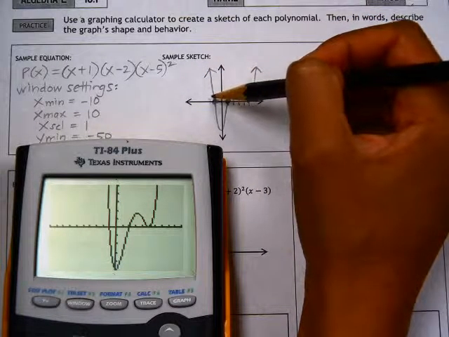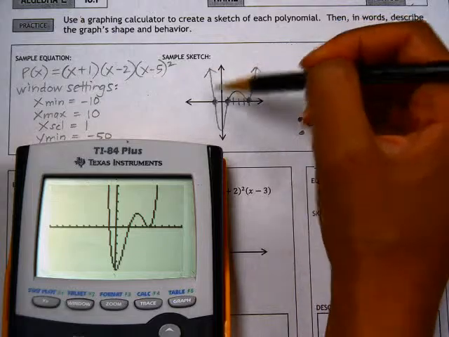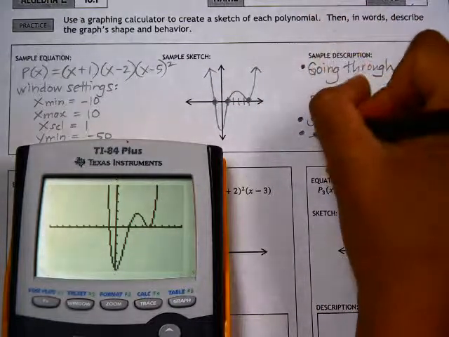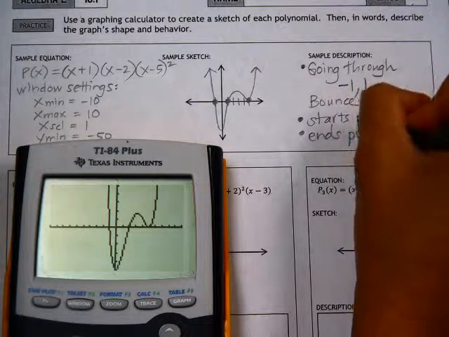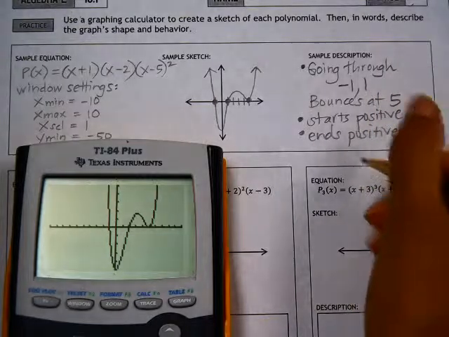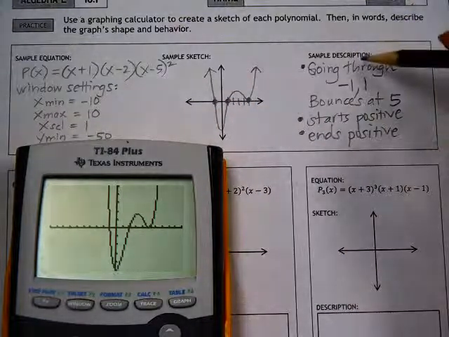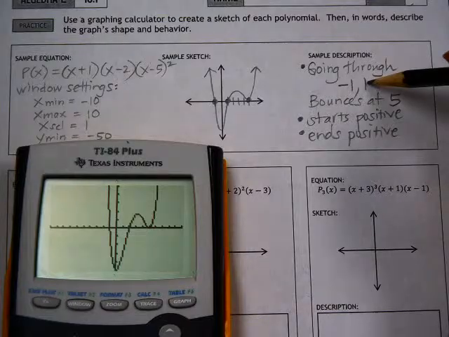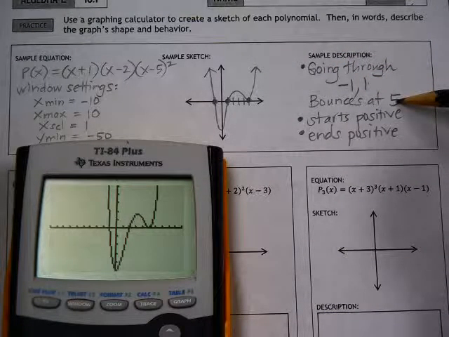The graph also ends above the x-axis, so we say that the graph ends positive as well. So for each graph today, you're going to sketch it, describe where the x-intercepts are. This one went through these 2 points and had a bounce at 5. And then you're just going to describe whether the graph starts and ends positive or negative.